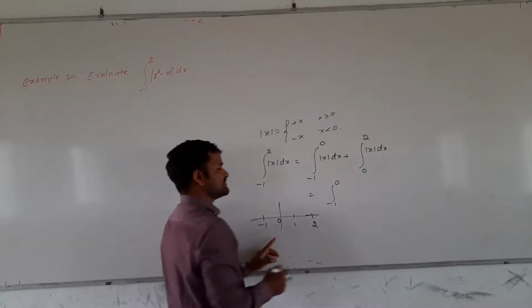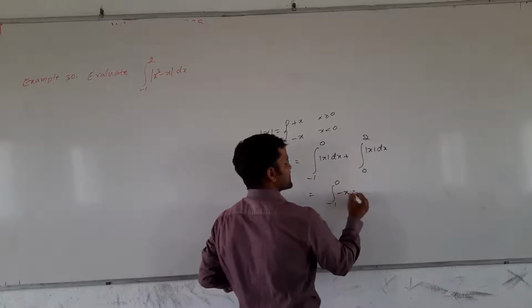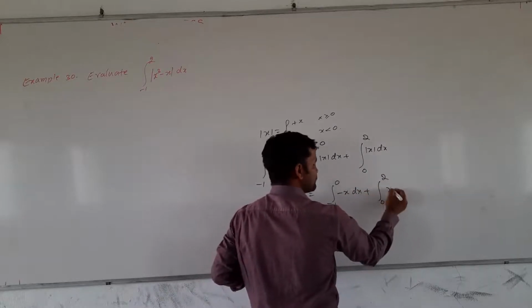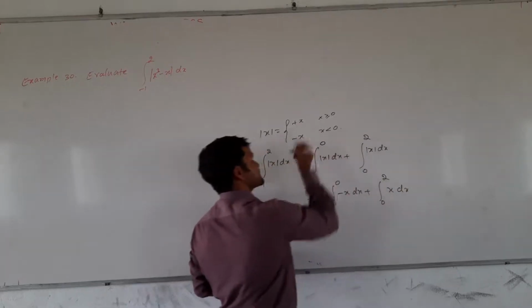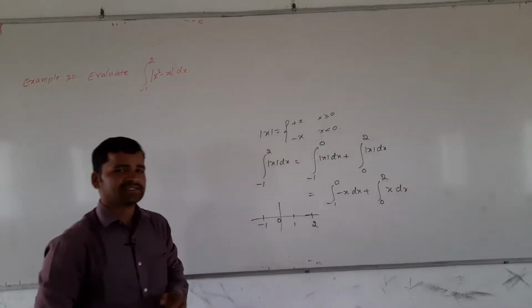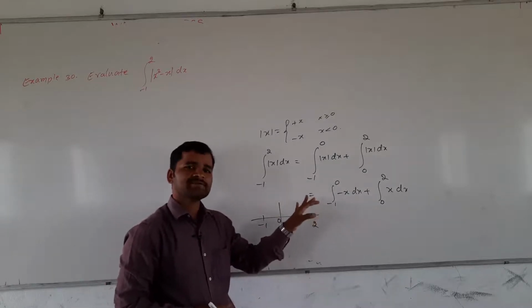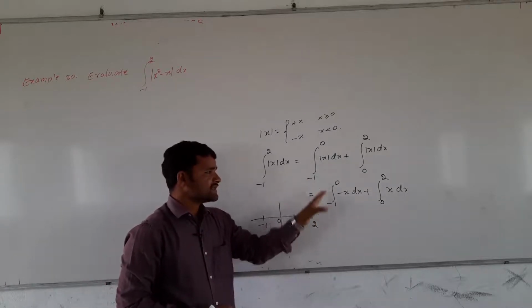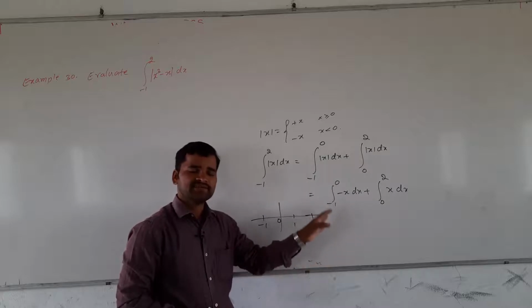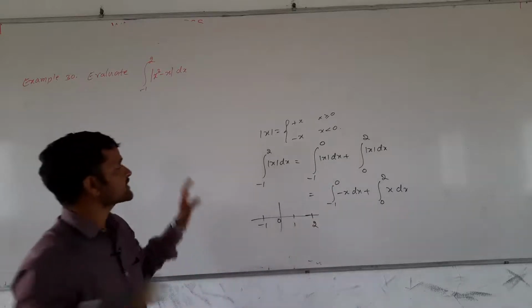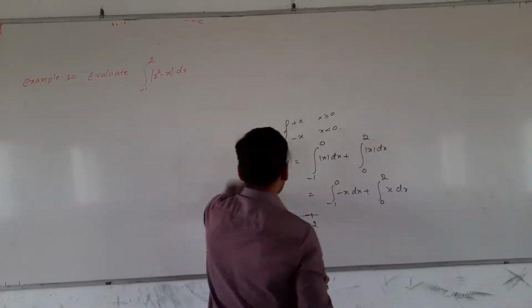Yes, for minus 1 to 0, we need to take minus x dx. Next, 0 to 2, it is plus x according to the condition, plus x dx. Like this we split the modulus integral, then we integrate it. In the same way, how will you take it with the integral here?